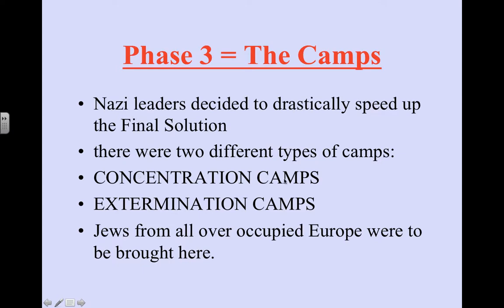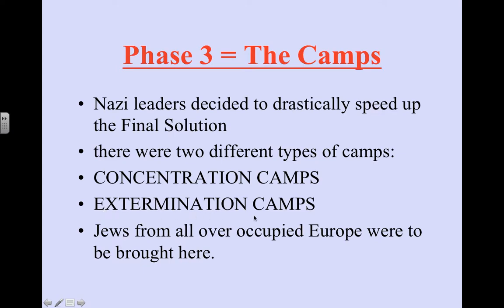Now, concentration camps were places where Jews could be sent to work, do labor, dig trenches for war, and that was mostly men. They did not feed these Jews at these camps. They put them to work until they starved to death. Extermination camps were more for people who were not capable of working, who might have been too young or too weak, and they would directly send them to their deaths.